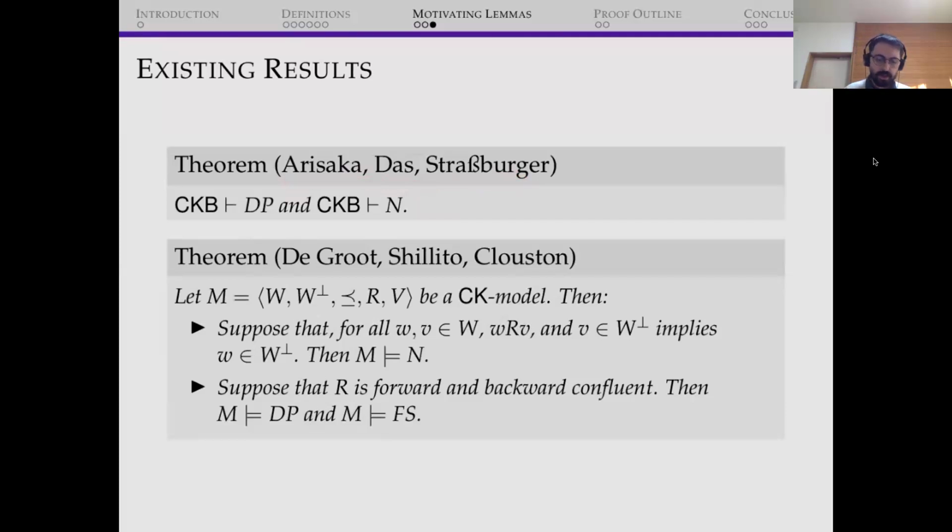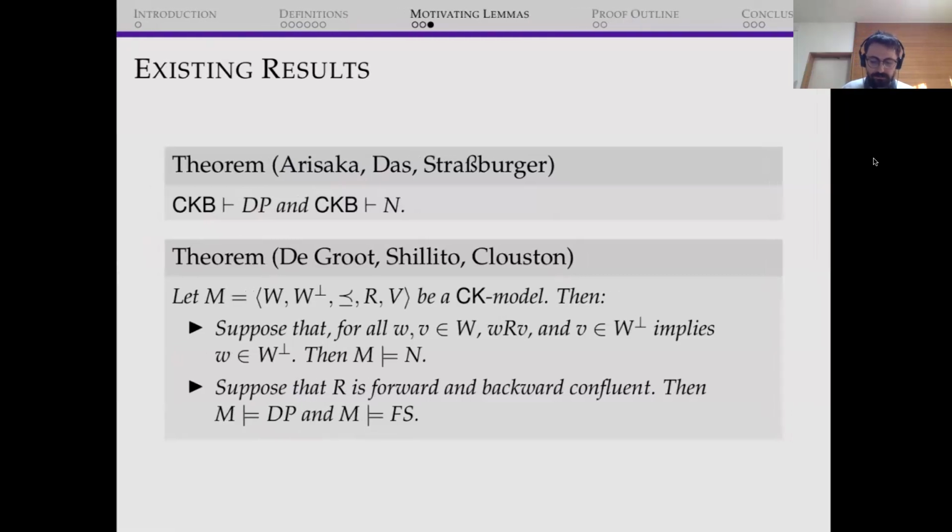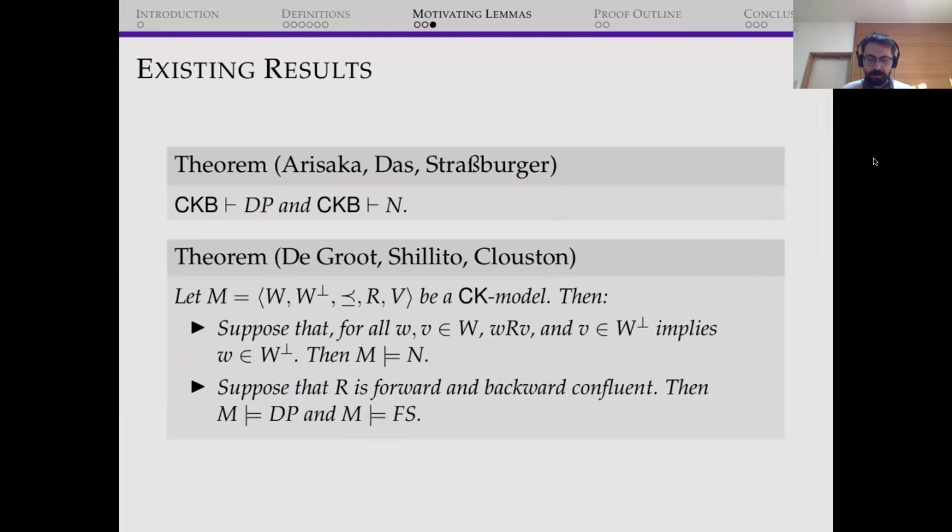One result they get is that constructive KB proves DP and proves N. They don't show that it proves the Fischer Servi axiom, but they also don't show that it doesn't prove it. So if it holds, they're the same; if not, it's different. It kind of points towards IKB and CKB being the same, but still not the whole proof.